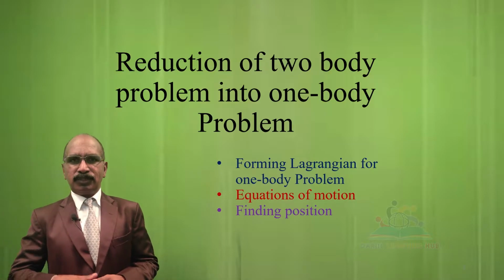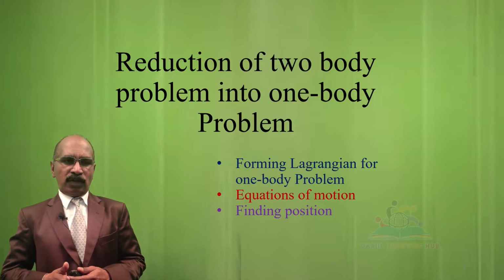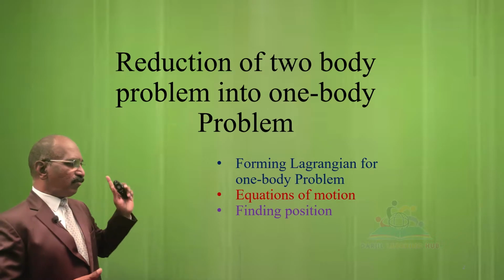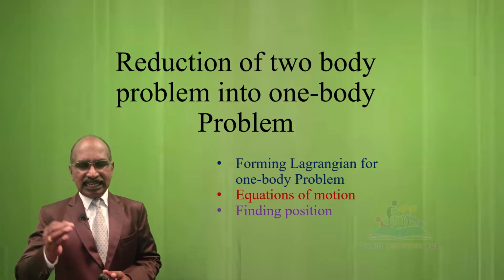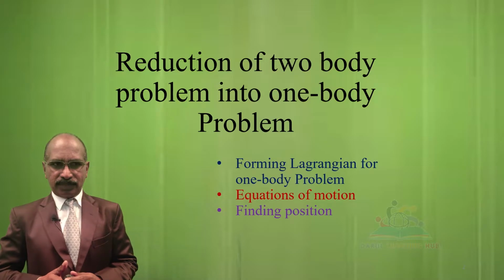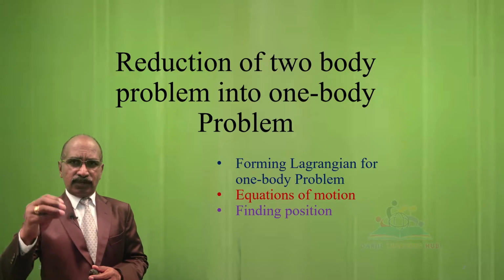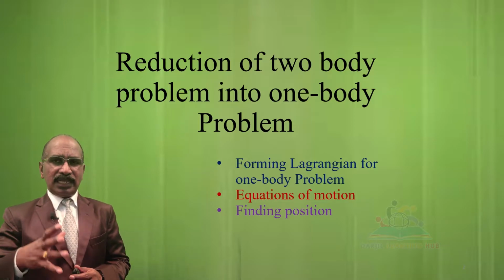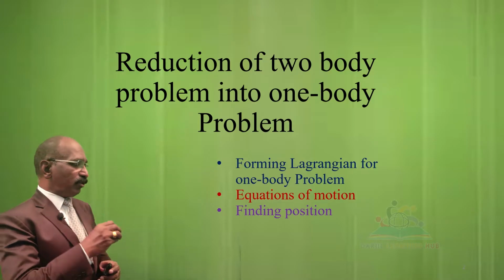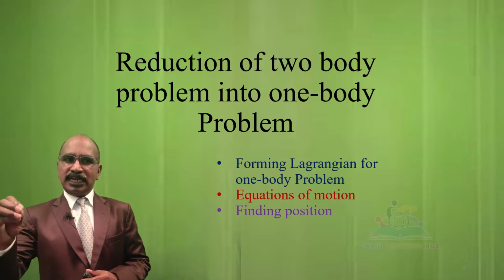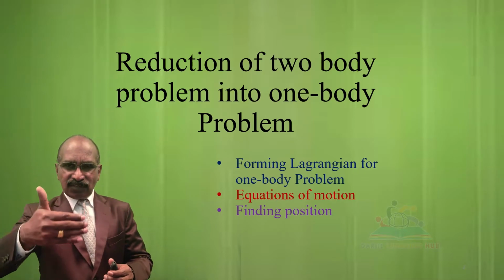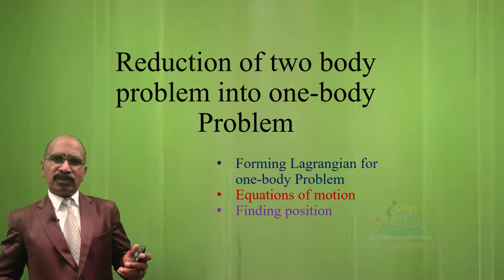The strategy that we are going to follow here is, first and foremost, to form the Lagrangian for the one body problem. Then we have to write down the equations of motion for that body. Then we have to solve the equations of motion and find out the position of the body at a particular time. So these are the four stages we are going to follow.